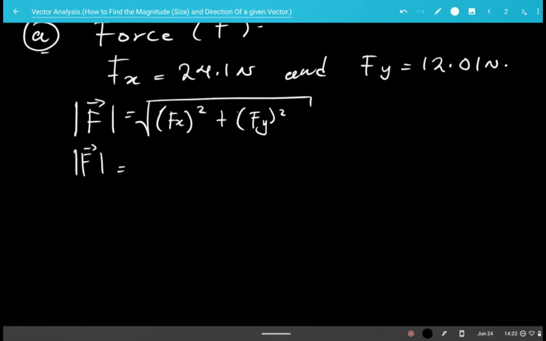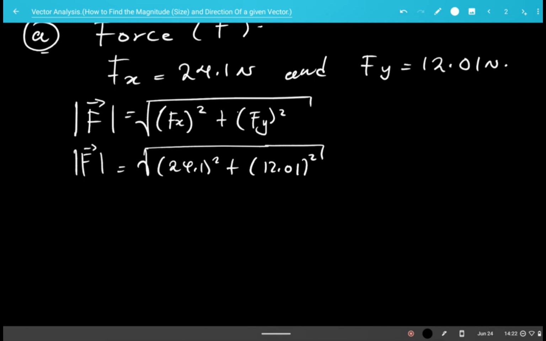If we plug in our values, we'll have 24.1 squared plus 12.01 squared. If we compute this, we'll have the root of 725.0501.